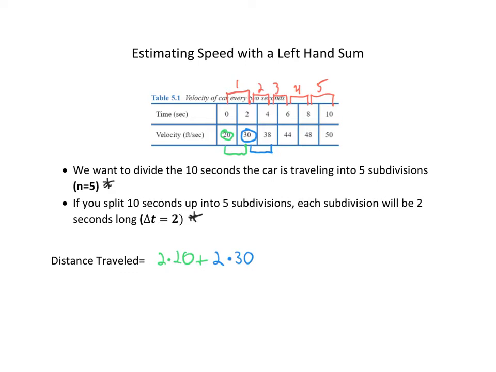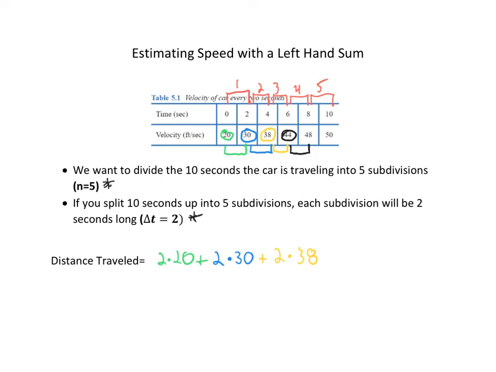Now during the time from 4 to 6 seconds, the left-hand number would be 38. We're going to guess that the car's total distance traveled would be 2 seconds at 38 feet per second. Now from 6 to 8 seconds, so a time period again of 2 seconds, the left-hand number would be 44.